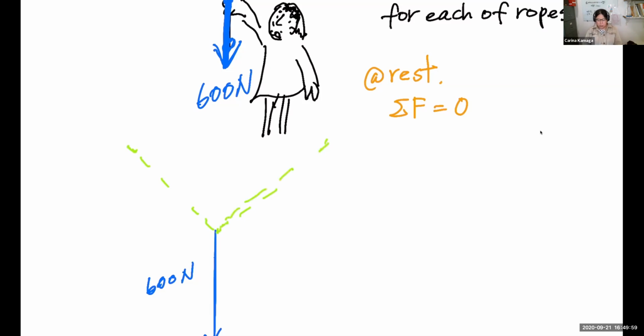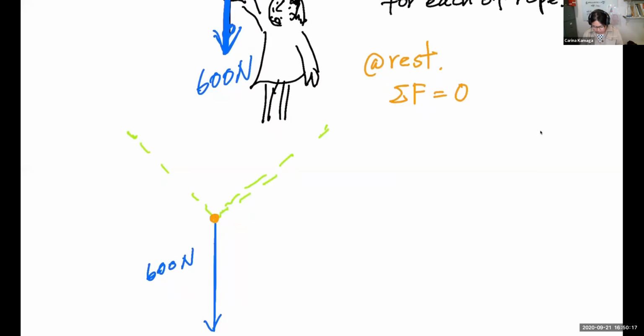So we know that tension force has to be along this dashed green line, but we have to approximate the magnitude to make sure that the net force is 0. How do we do that? Tension force is going to be somewhere here.